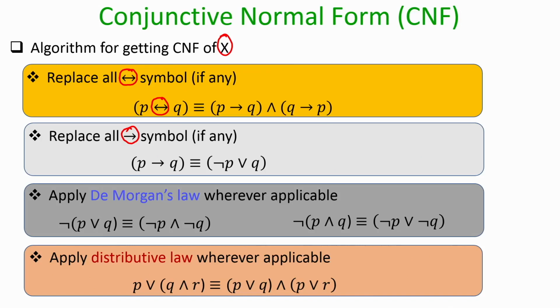That is why I apply the distributive law where the disjunction is distributed over conjunction. If I apply the other distributive law, then I may not get the expression in the conjunctive normal form. And now, if you apply these 4 steps, there is always the guarantee that you get a logically equivalent expression which is in its conjunctive normal form.